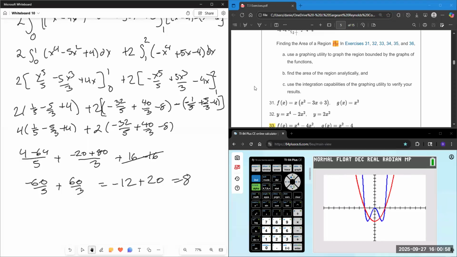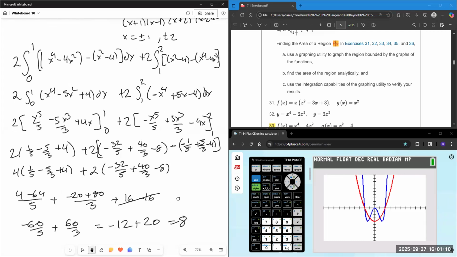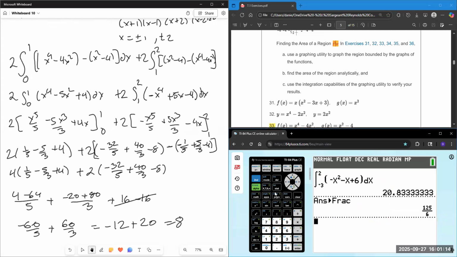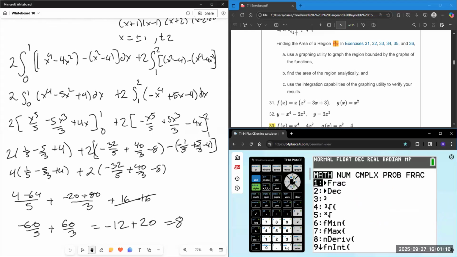Now it tells me to use the integration capabilities of the graphing utility to verify my results. So let's just go ahead and stick this in. Math, integration.